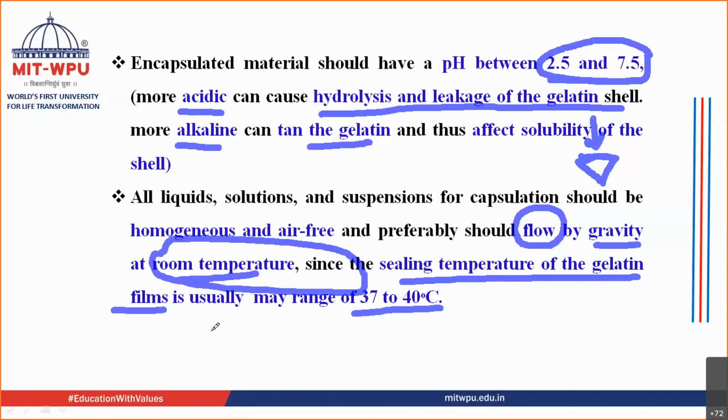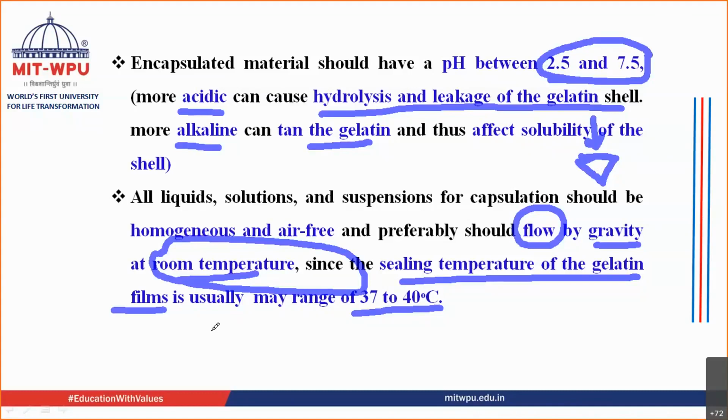So we have seen up till now what are the materials that can be encapsulated. We have seen that liquids can be encapsulated, solutions can be encapsulated, suspensions can be encapsulated, and oils can be encapsulated, the different oils we talked about. Then we further went on to see what cannot be encapsulated.